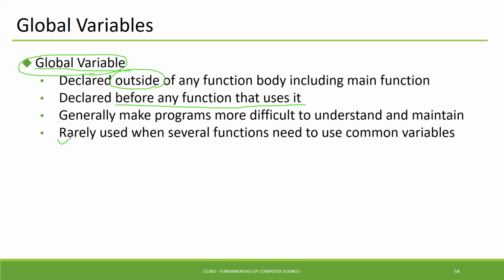So it is rarely used, only when several functions need to share some data. Do not use global variables often, only when you really need to have that shared by all the functions.